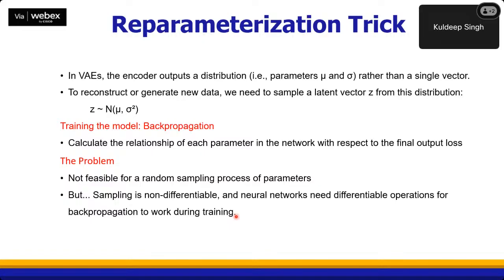Now there is a problem, and the problem is, how do we train the neural networks? Can someone tell me? Question to the audience. How do we train our neural networks? Backpropagation, right?